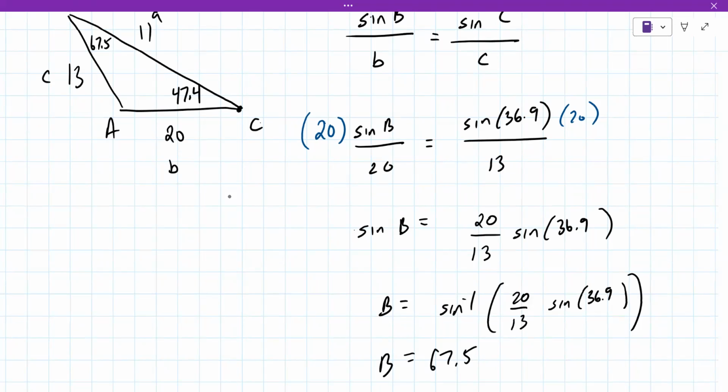And you want to recognize, okay, I have two of the three angles of the triangle. What's it going to take for me to find the third? Well, I could use law of sines, law of cosines. I can also just say it's 180 minus the other two angles.